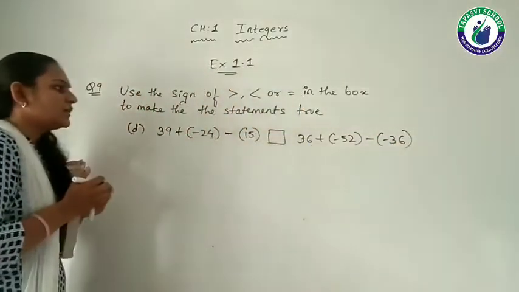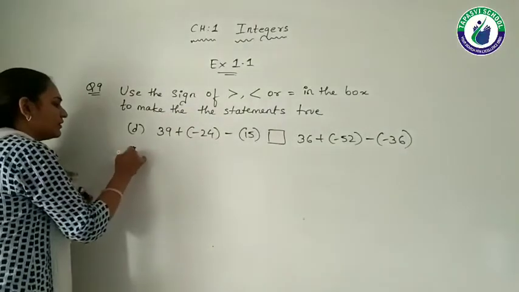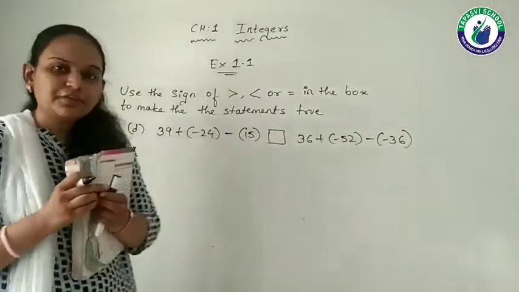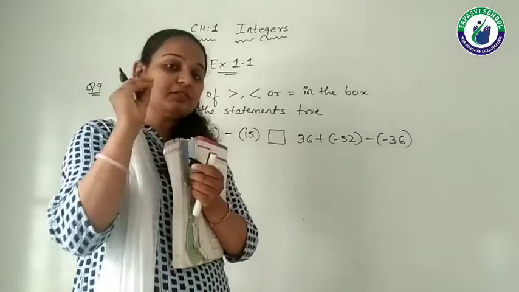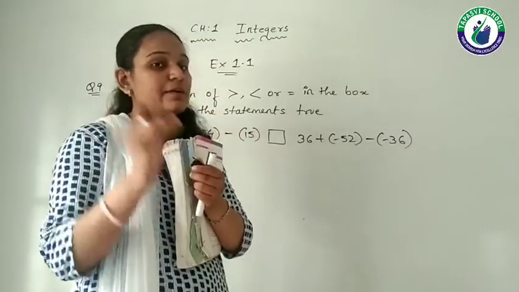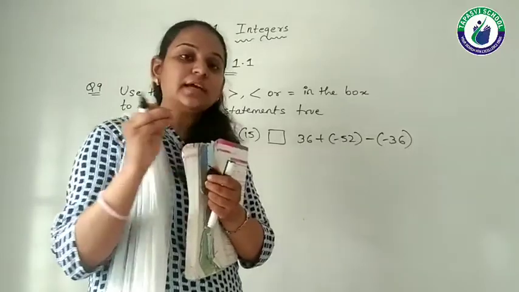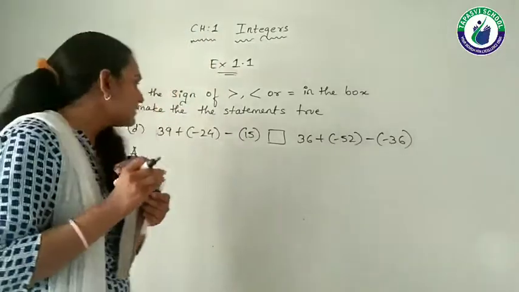Right? Don't be in a hurry. Always try to solve the question step by step and remember the rules. If you remember the rules, then there is no kind of problem which you can face, right?